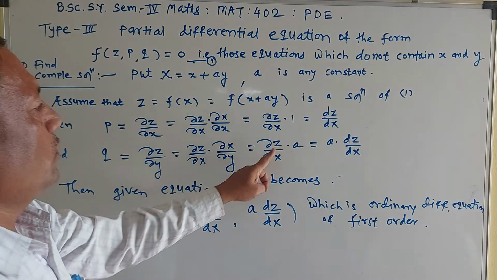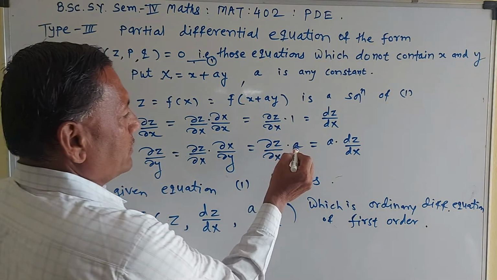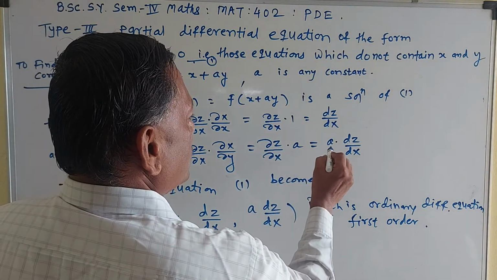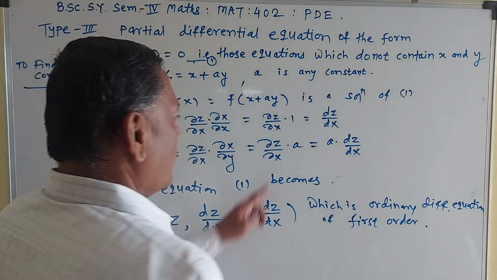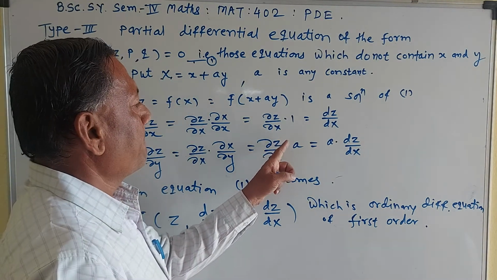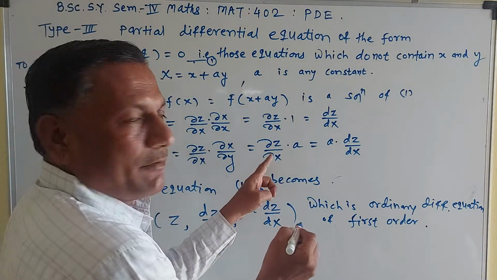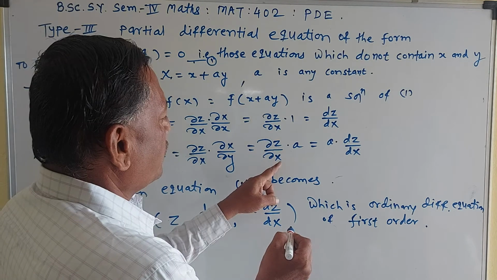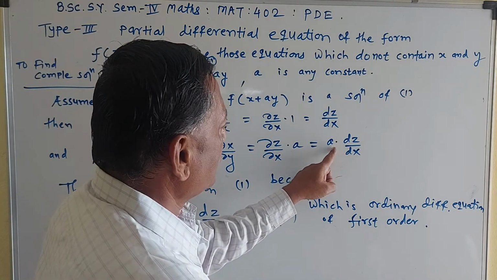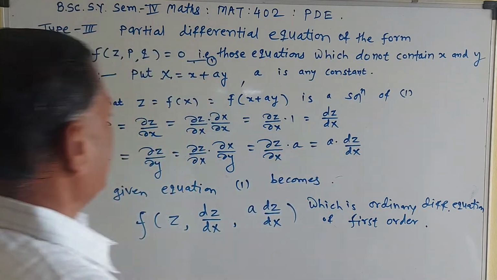Therefore, it is ∂z/∂X into a, or a into dz/dX, because again z is a function of the single variable X, so the partial derivative becomes an ordinary derivative. Therefore, q = a dz/dX.